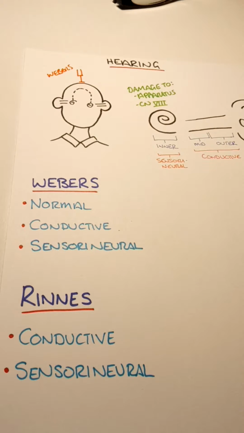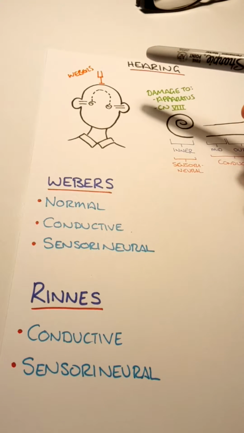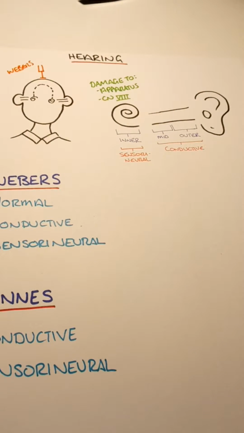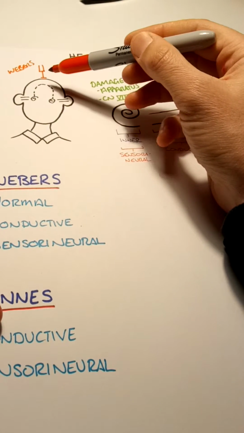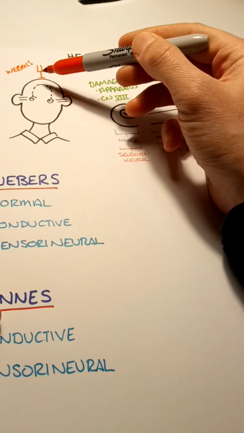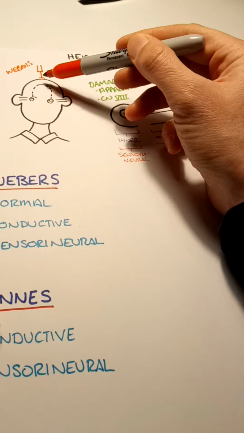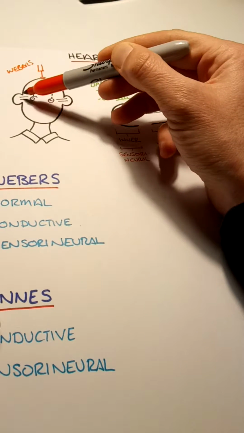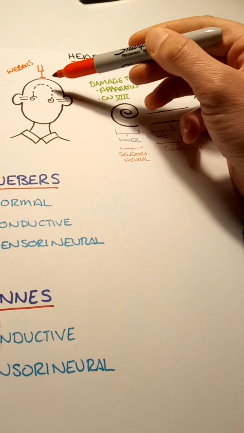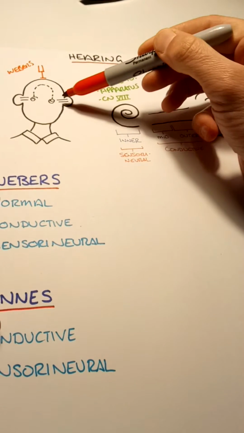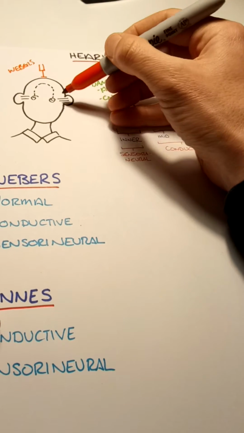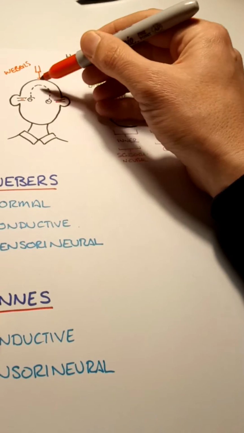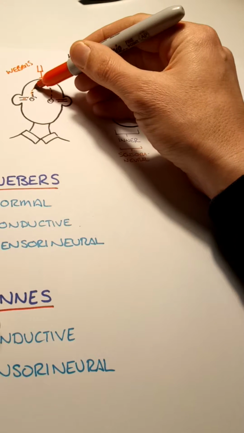In the Weber's test, what you're looking for is lateralization. You're testing bone conduction here, seeing if sound travels equally down the bone through to the middle or outer ear, all around here.